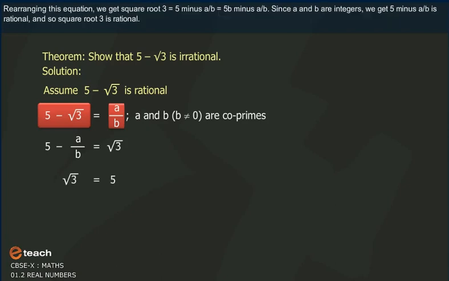Rearranging this equation, we get square root 3 is equal to 5 minus A upon B, which is equal to (5B minus A) upon B. Since A and B are integers, we get (5B minus A) upon B is rational, and so square root 3 is rational.